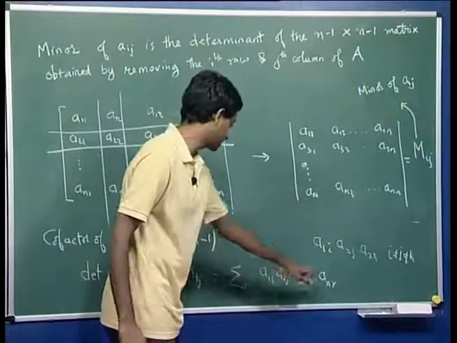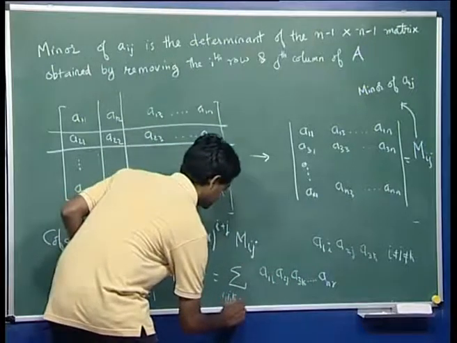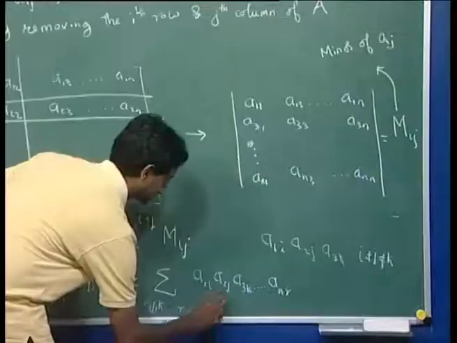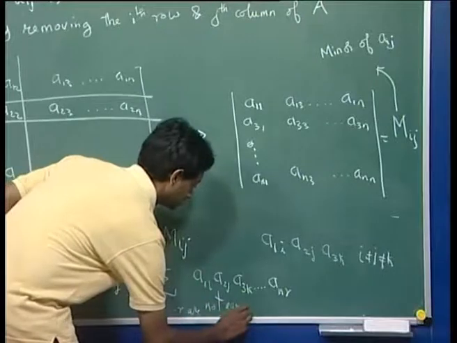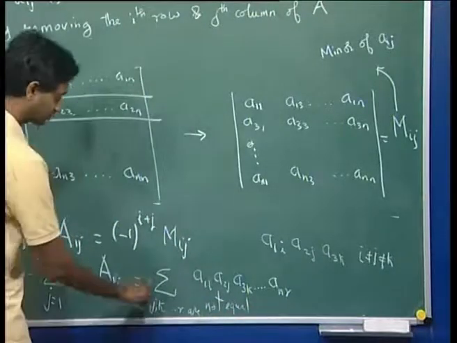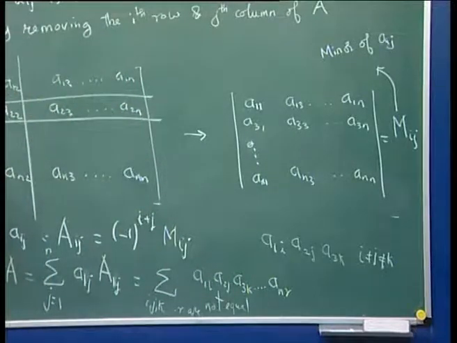Where i, j, k etc. are not equal to each other, so each of them is distinct. And you sum over all possible such combinations.